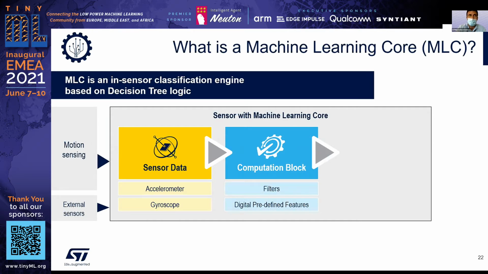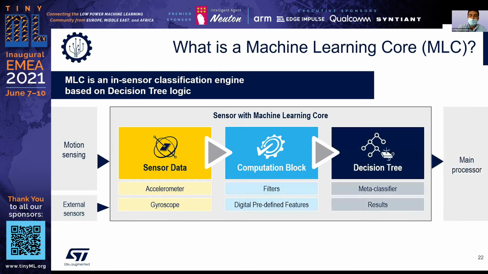Then we can feed the data to a computational block, which can apply some filtering or predefined digital features to the data that is supplied to our sensor. And then we can implement a decision tree that will be uploaded and will run completely and solely in our sensor.